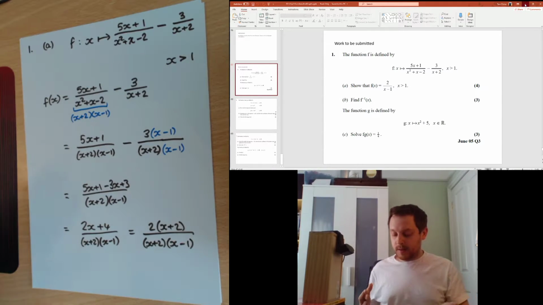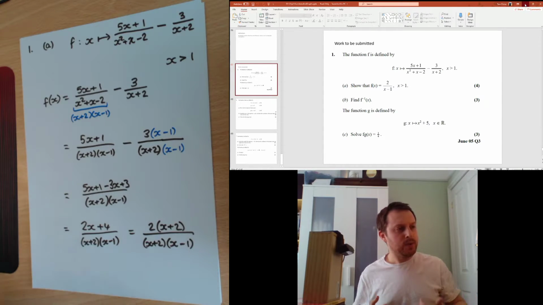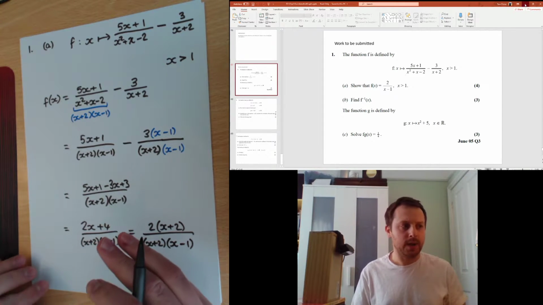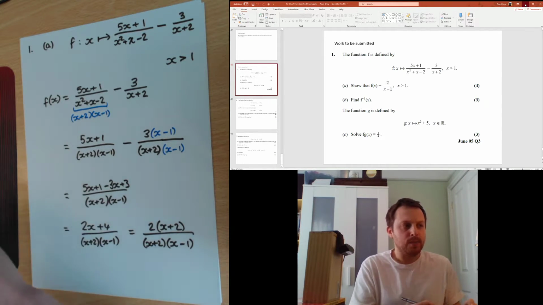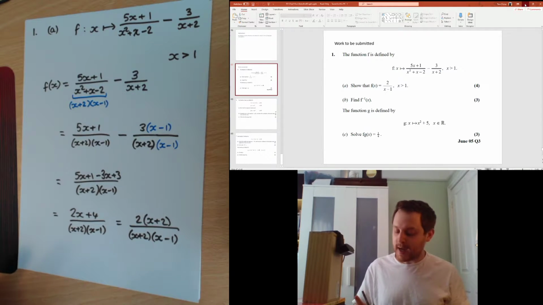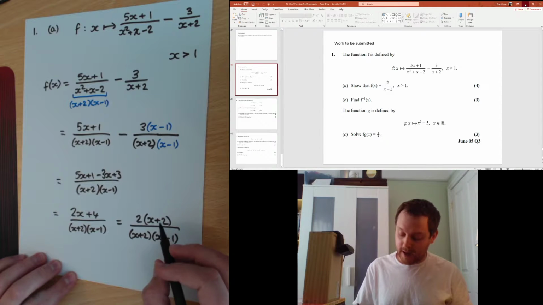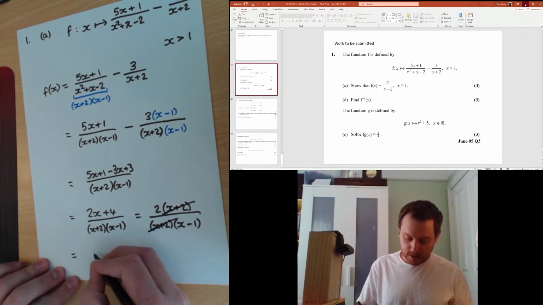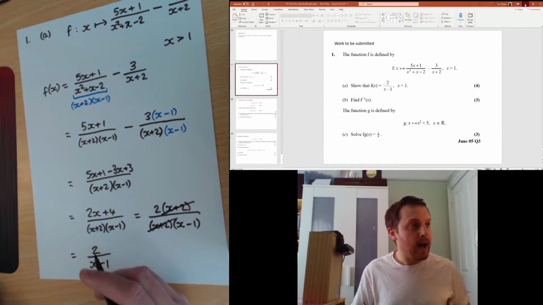And then can I divide top and bottom by x plus 2? Yes, I can, because x plus 2 cannot equal 0 in this situation. Whenever you're dividing by something, you've got to make sure that that thing is not 0. That has always been the case, but it's very relevant at A-level mathematics. So divide top and bottom by x plus 2, and you get the answer that they want: 2 over x minus 1.